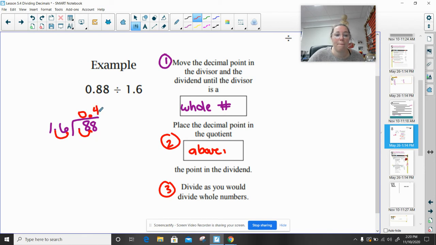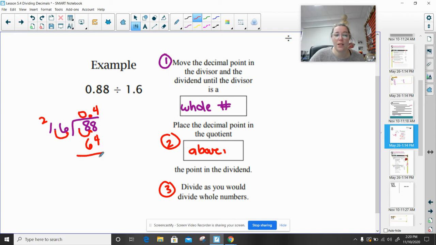So 4 times 6 is 24. 4 plus 2 is... what's happening? 64. How did I get 66 for 3? I didn't do something right. Anyway, 4 times 6 is 24. 4 times 1 is 4 plus 2 is 6.